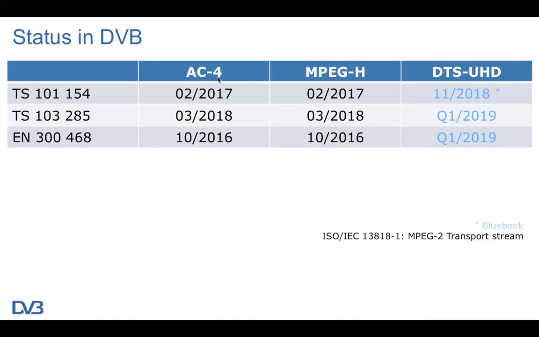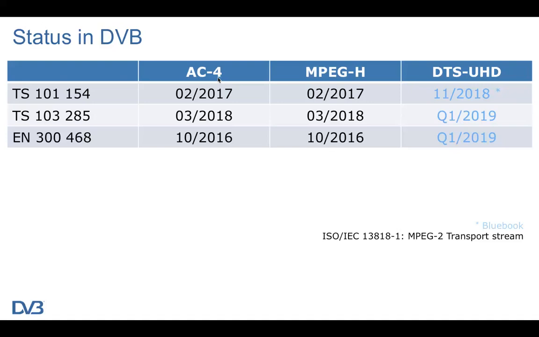TS 103 285, you can see the same sort of progression as the technologies were adopted into the toolbox. So both of these for AC4 and MPEG-H at the beginning of 2018, and then DTS UHD in the first quarter of this year.